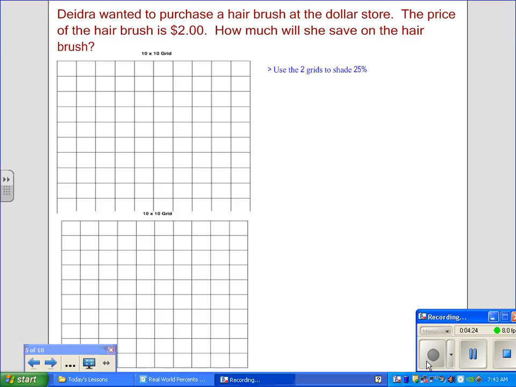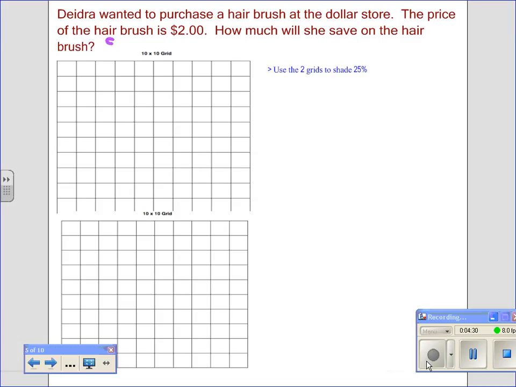And I forgot to put here that, again, this is the same dollar store. So this is where everything is 25% off. Okay, so everything is 25% off. So again, you could use the two grids here to represent your percents.